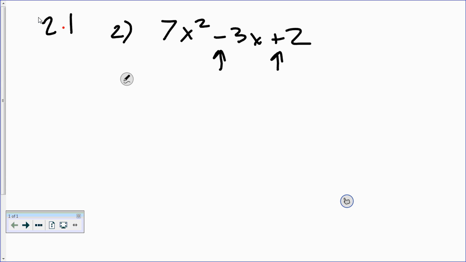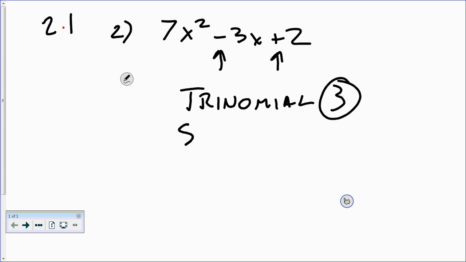So your first term is 7x squared, your second term is negative 3x, and your third term is 2. So this is a trinomial, which on your paper is answer number 3, and this will be again a second degree.